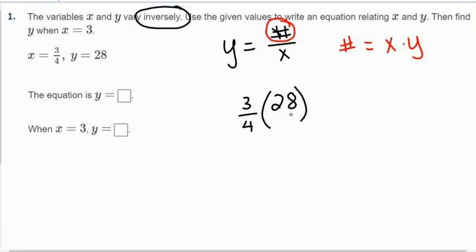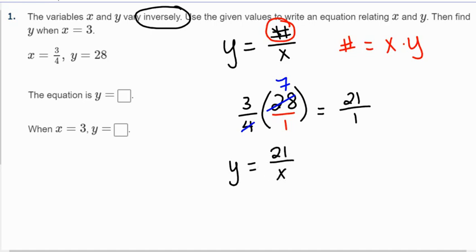And you'll notice when you do this, if you turn them both into fractions, that 4 cancels into 28 7 times. And then you can just multiply straight across the numerators and denominators. Right? So 3 times 7 is 21, and 1 times 1 is 1. So then your equation is going to be y equals 21 over x.